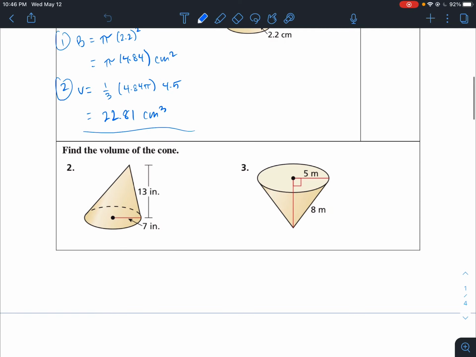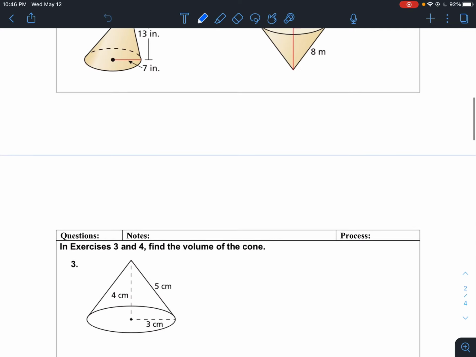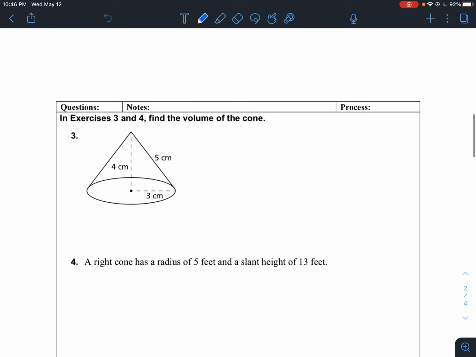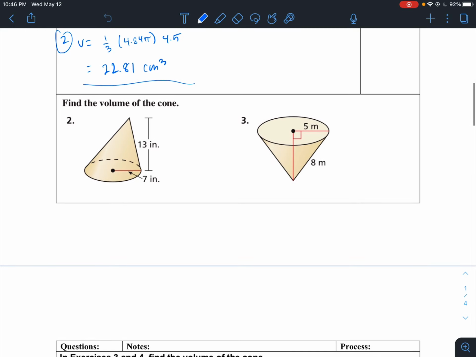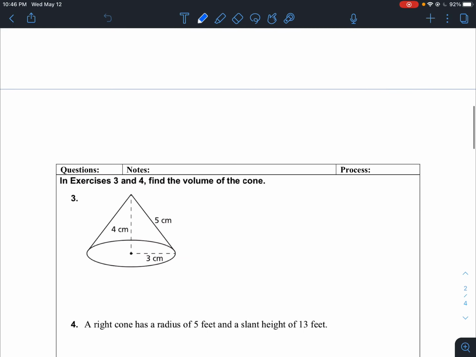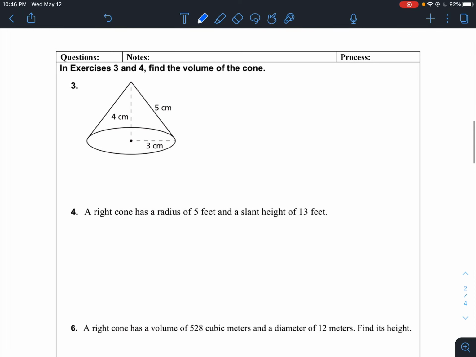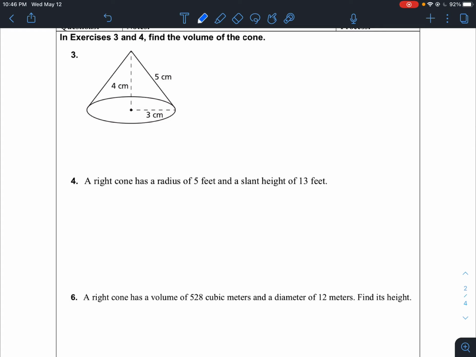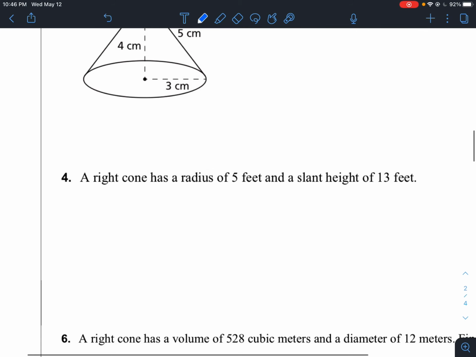Okay, so you guys can go ahead and do these two examples here, using the formula to find those ones. Same with number 4. Number 4 doesn't give you a figure, but again, volume is equal to 1/3 times pi r squared times height.